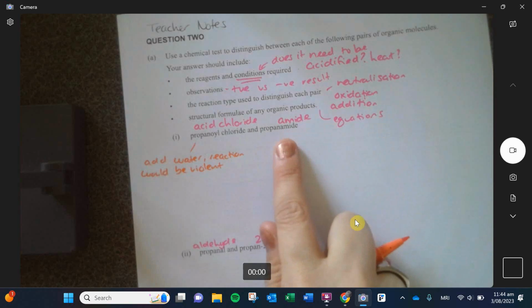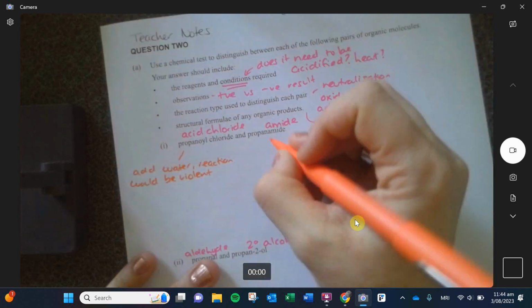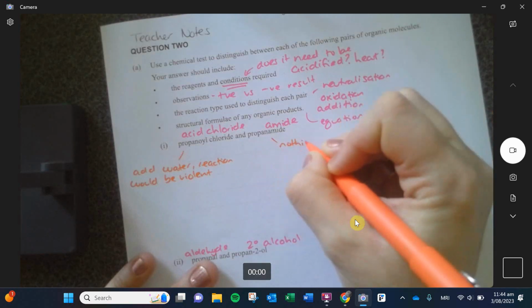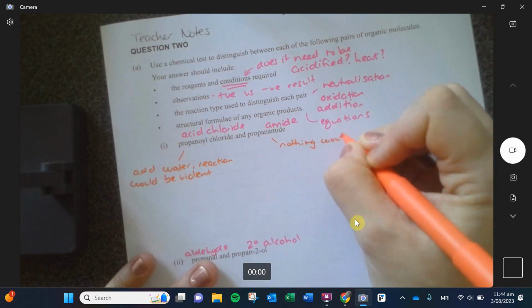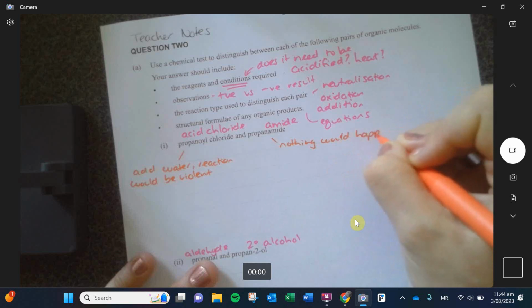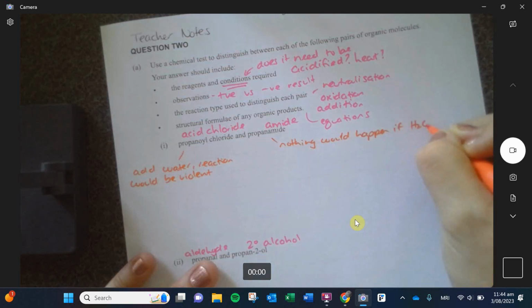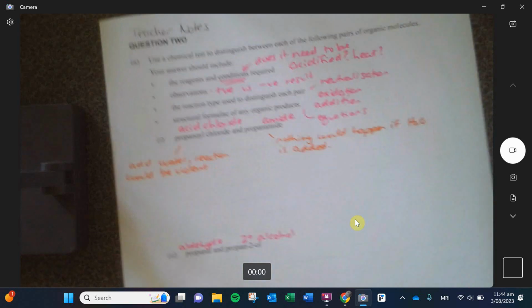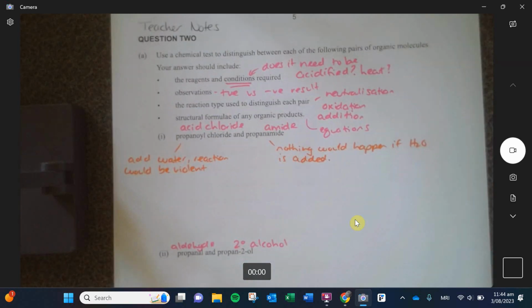If I added water to the amide, nothing would happen. So we've gotten our reagents down. There aren't any conditions that are specifically needed for that. It just needs water added.